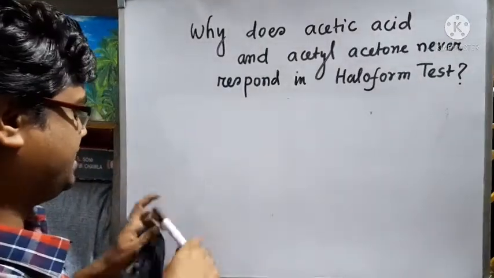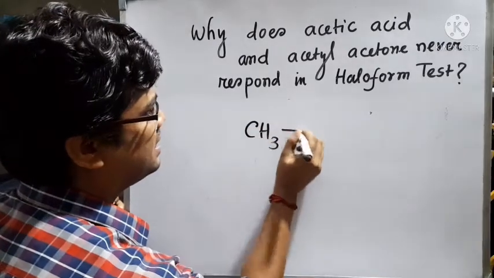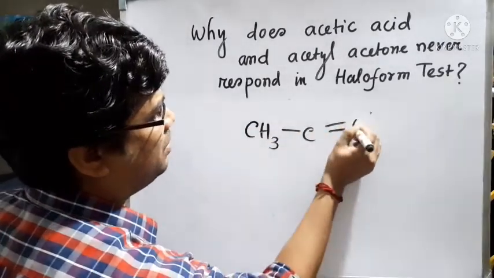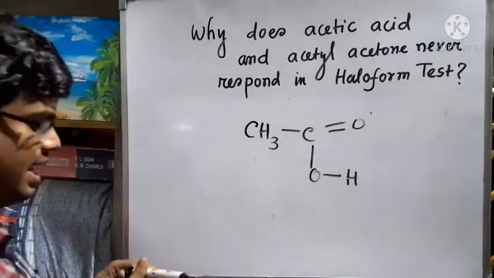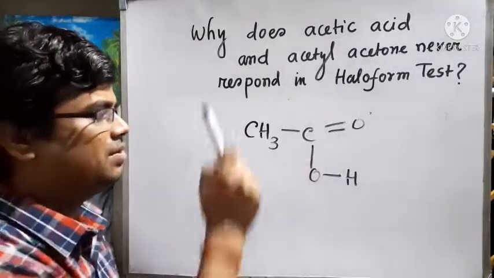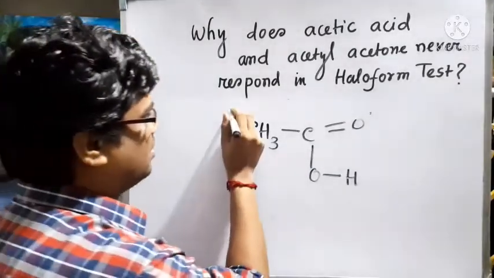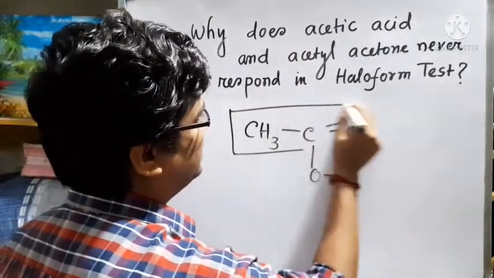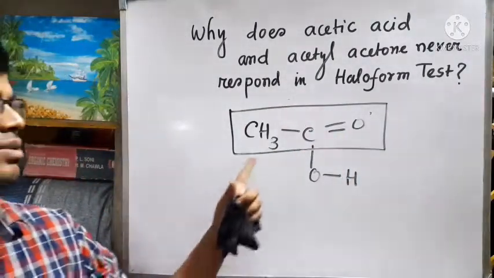Now this acetic acid, CH3 C double bond OH. Here this carbonyl group is sp2 hybridized, with one pi bond, and look at the structure, this portion. So evidently it has a keto group and a methyl group.